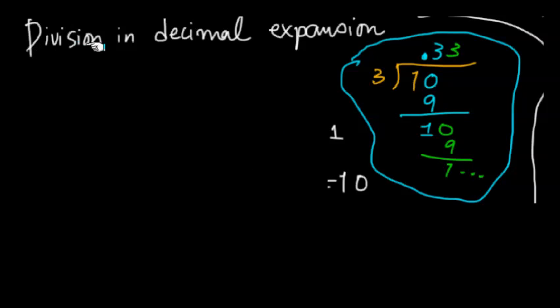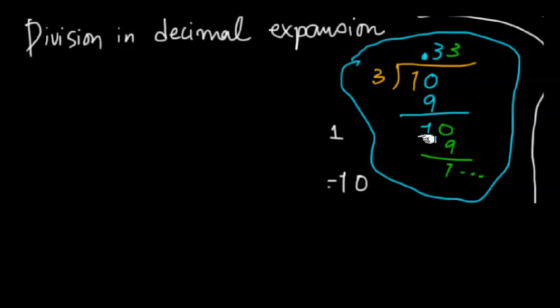So let's review division and decimal expansion first. I'm dividing 1 by 3, and this is the algorithm I learned at school in the early stage of my education. I first look at 1 and try to divide it by 3. It's too small, so you go to the next digit, which is equivalent to multiplying by 10. Then a positive integer multiple of 3 fits in. 3 goes there, the maximum that is less than or equal to 10.